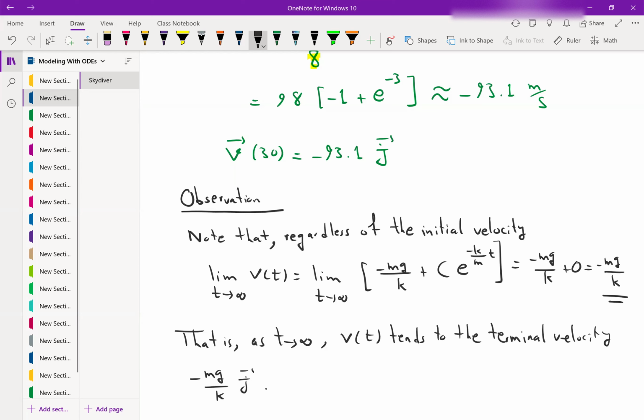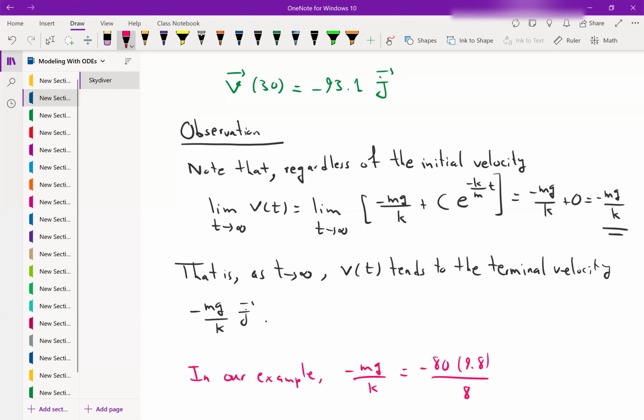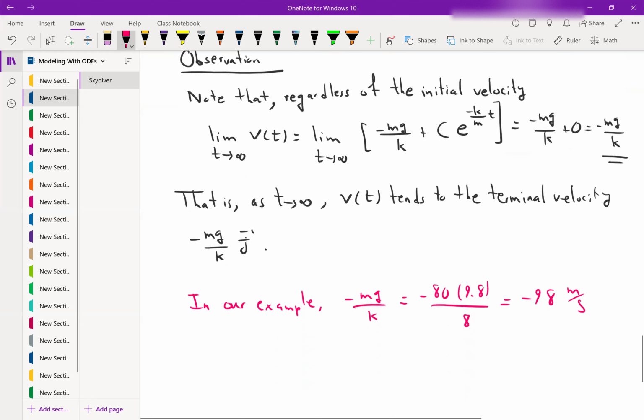Now, if you like, in our example, where the initial velocity was 0, negative mg over k is equal to negative 80 times 9.8 divided by 8, which is negative 98 meters per second. This is the terminal velocity.